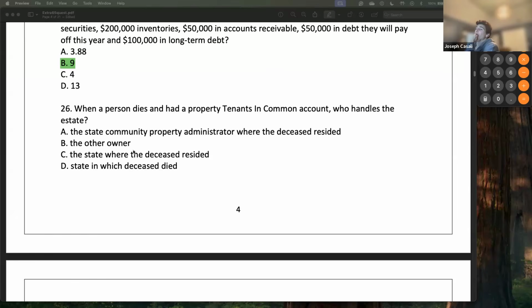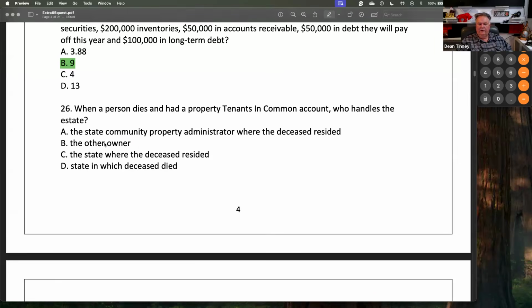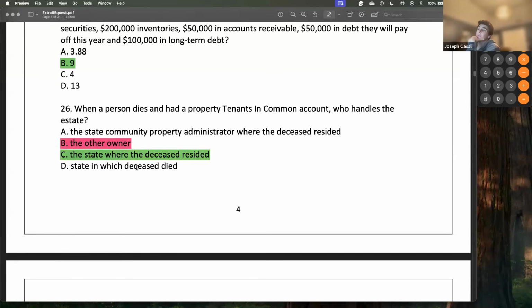Well, I mean, three of these answer choices just don't seem correct at all. I think it's B. It's actually C. This is called domicile, the state where you resided. So where are you domiciled?